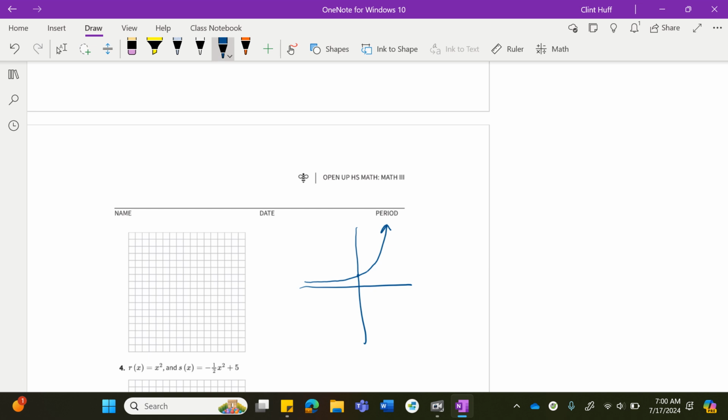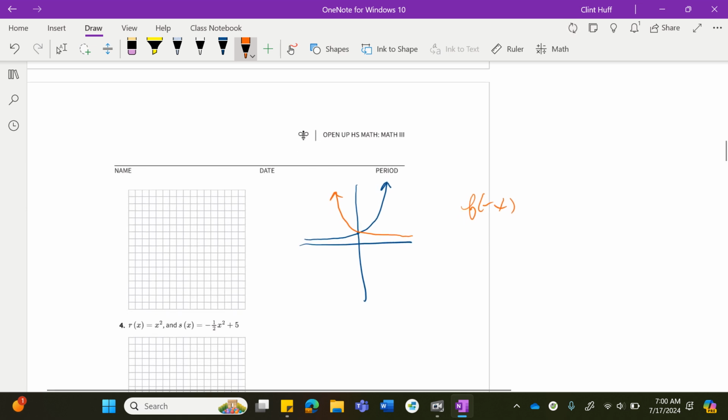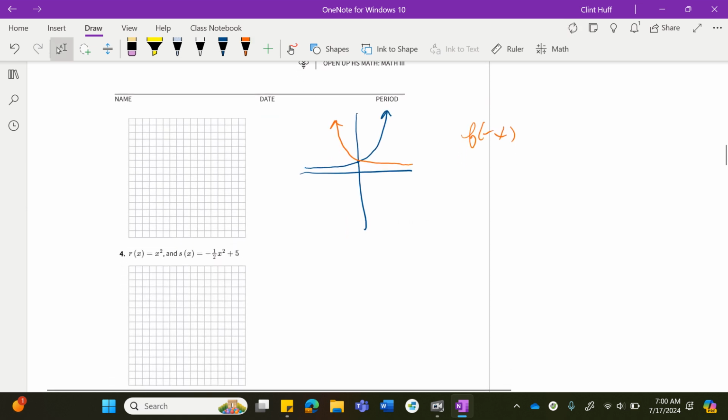It's going to hit at (0, 1). 2 to the negative x, when you take a function and you do it at negative x, that is a reflection over the y-axis. So this one, sort of like that. They should be mirror images in the y-axis.